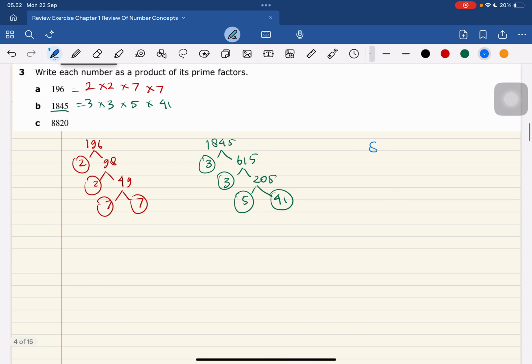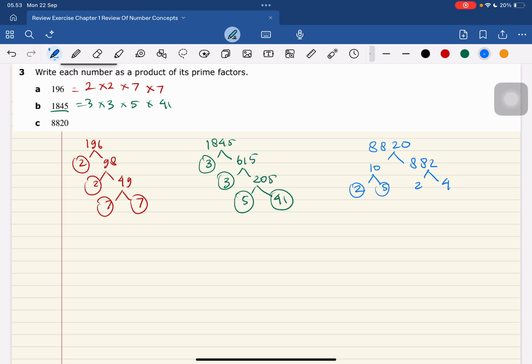Next we got 8820. Let us divide it by 2. Okay, let me show you another way. Okay, this ends in 0, so we can divide by 10 if you like. So it's going to be 882. So from 10 we can continue with 2 and 5. These are the last, since they are prime numbers. So we can go for 882 divided by 2.